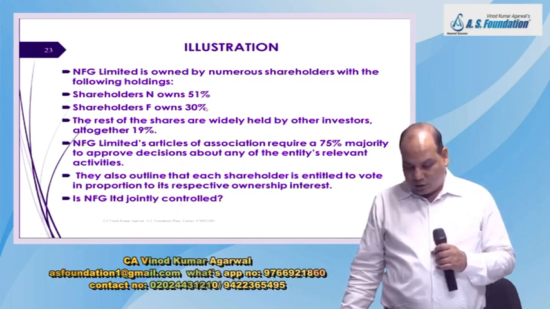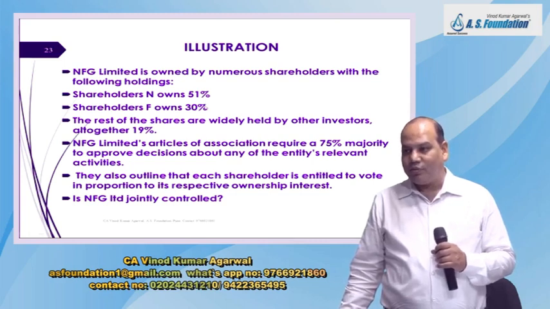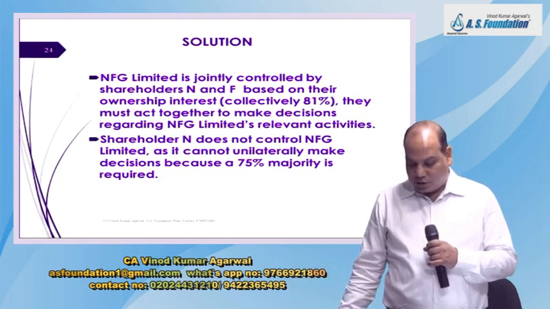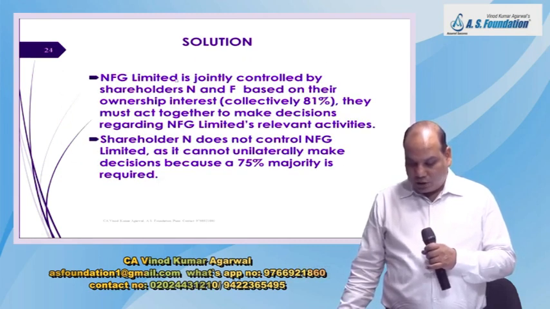N and F collectively own 81%. So they must come together. And the agreement must outline that N plus F are required to vote unanimously. Then only it will be treated as a jointly controlled arrangement. So NFG Limited is jointly controlled by shareholders N and F based on their ownership interests, collectively 81%.